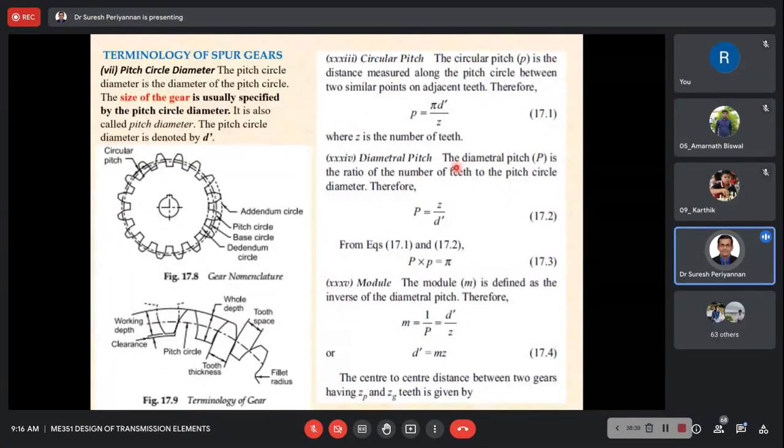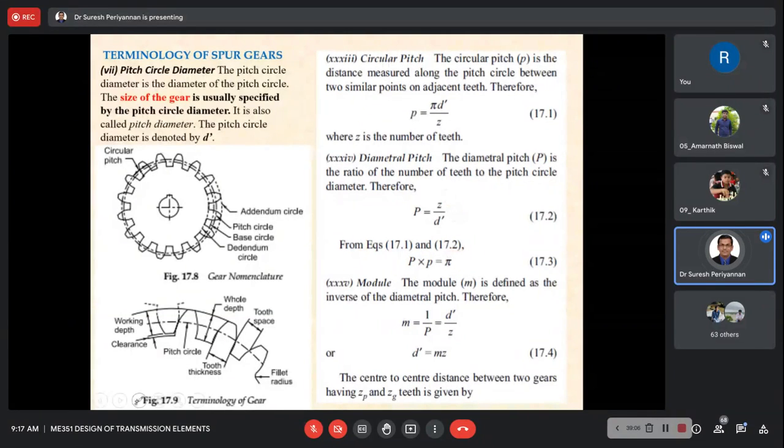Now diametral pitch. The diametral pitch capital P is the ratio of the number of teeth to the pitch circle diameter, that is, z by d dash. Now multiply small p and capital P, which will give you pi.